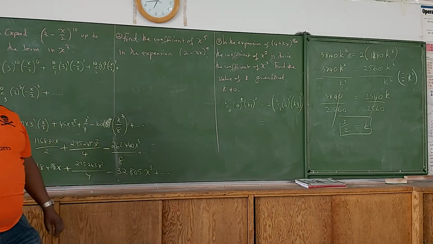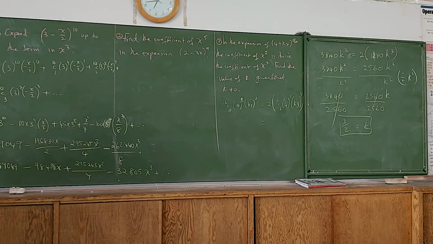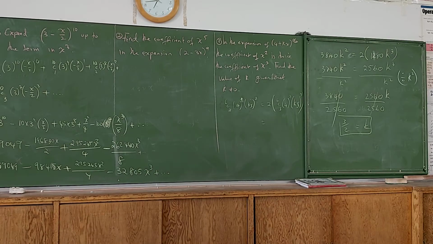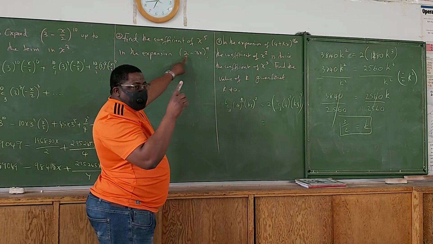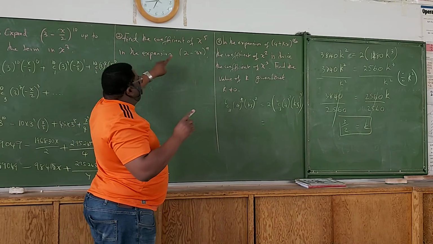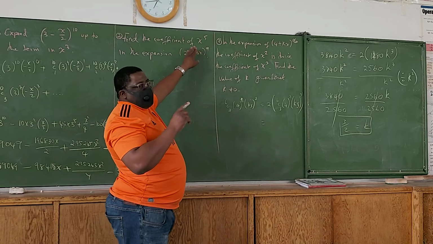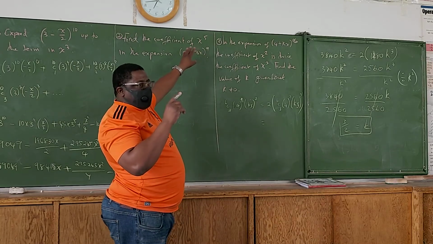Take note of how you did that. Anyone wants to try this one? I'll give you a hint. You're supposed to find the coefficient of x to the power 5. So you're dealing with nCr somehow.